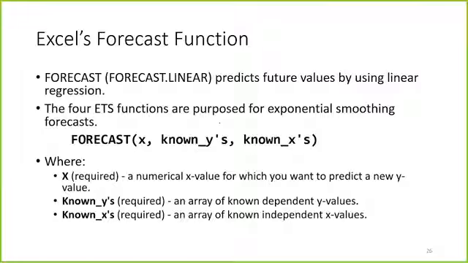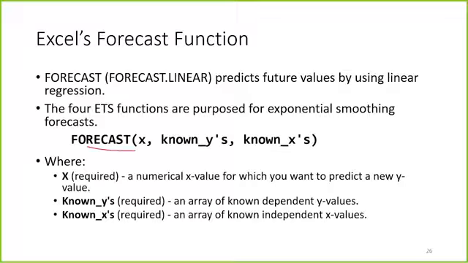So for linear forecast, the mechanism behind it is the same as fitting a linear trend line. They use linear regression and the least squares method to fit, right? But the Excel forecast function just doesn't draw the trend line for you, but the result will be the same thing. What do you need to give to forecast?